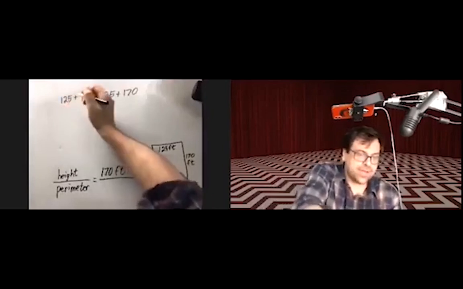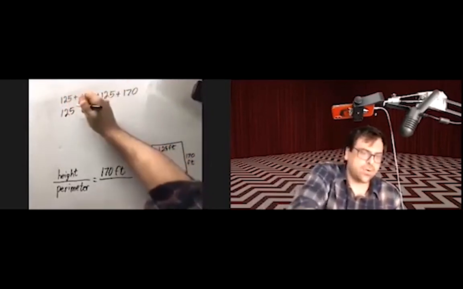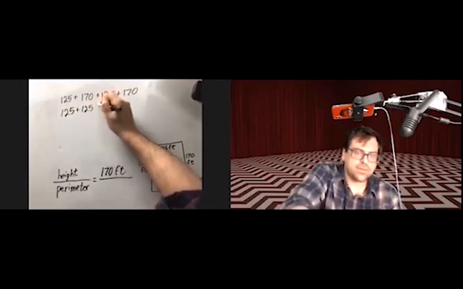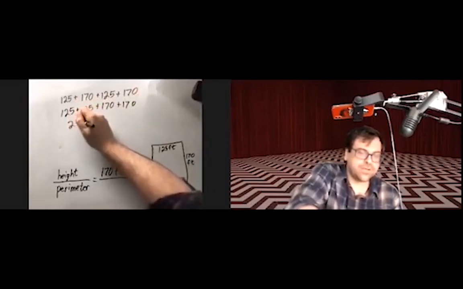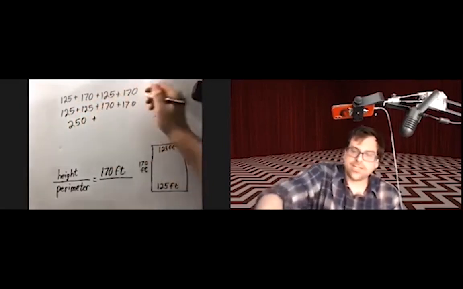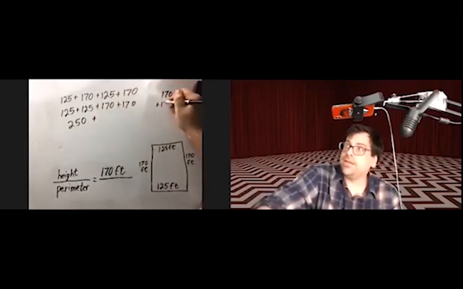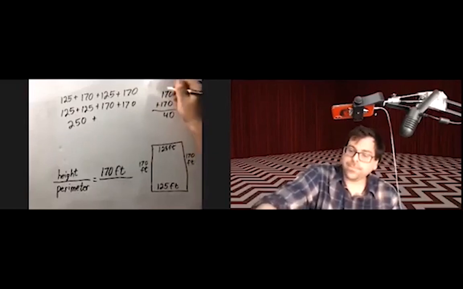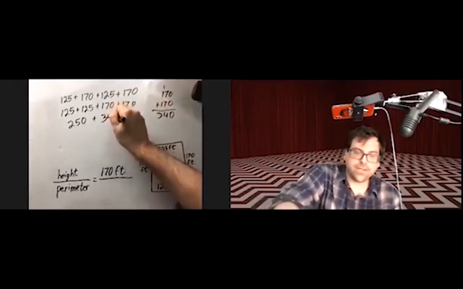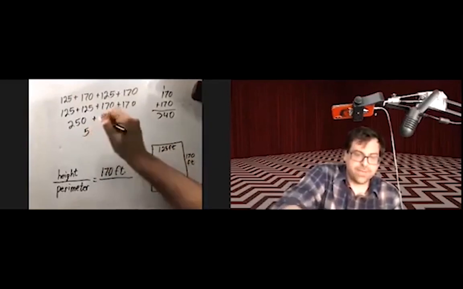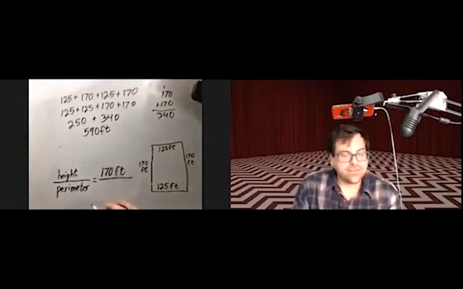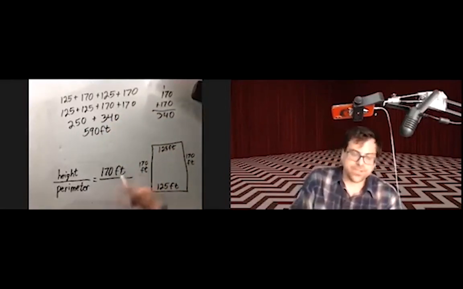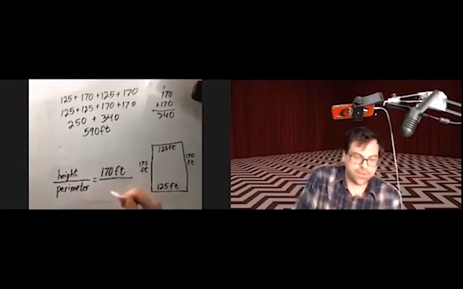I'm going to change the order so I can add better, but you can add them in any order, however you want. 125 plus 125 is 250. 170 plus 170 is 340. And 250 plus 340 is 590. Perimeter keeps the units. Feet. So this is 170 feet to the perimeter, 590 feet.